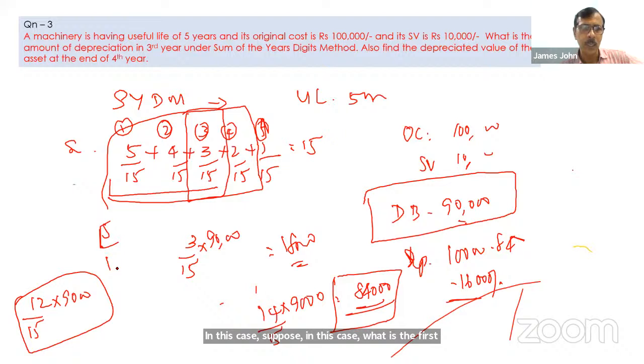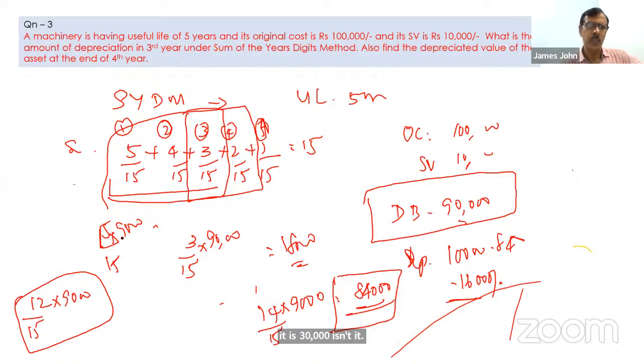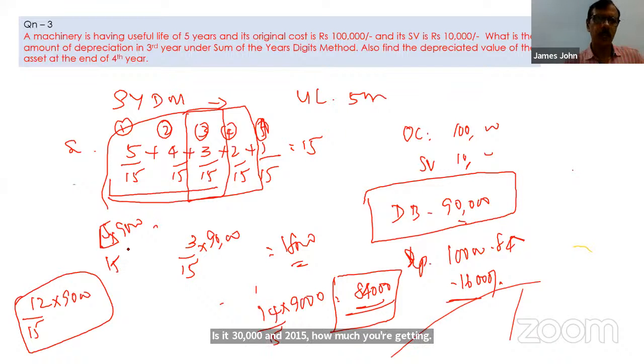First year depreciation is 5 by 15 of 90,000. How much do you get? 30,000. It is 30,000, isn't it? 90,000 by 15, how much are you getting? 6,000. No, 90,000 divided by 3.